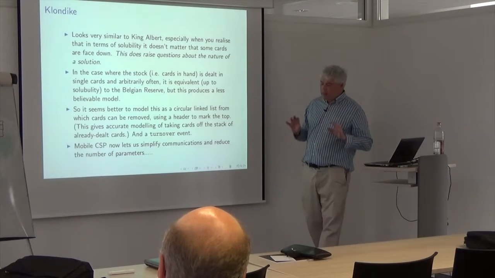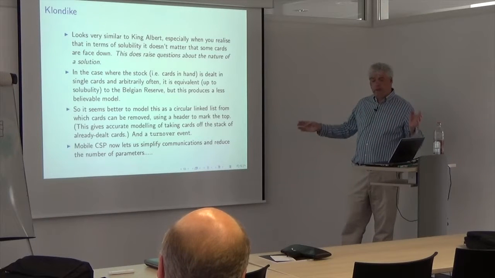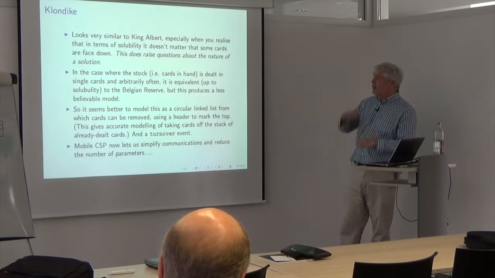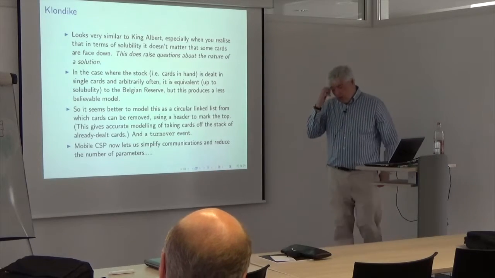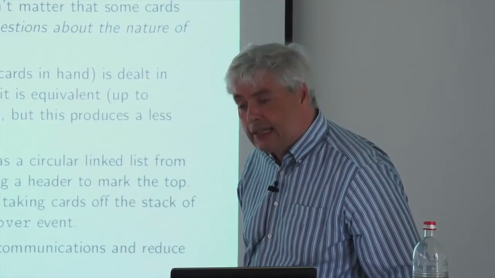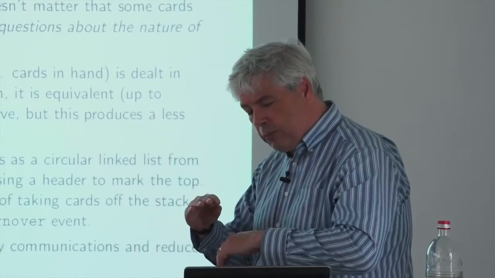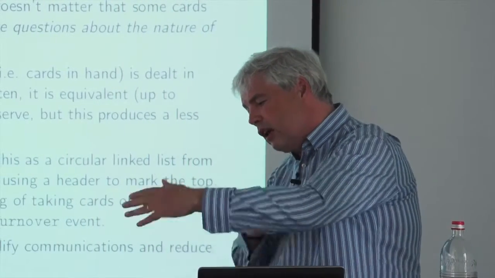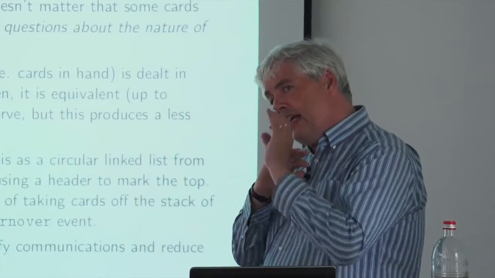The interesting thing about Klondike is the difference between the free cells or the reserve on the one hand, and this stock that you keep turning over on the other, because what the stock really requires is a doubly linked list from which you can delete things. You want to keep turning over in one direction, and you want to keep on taking cards off down the stack in the other direction.